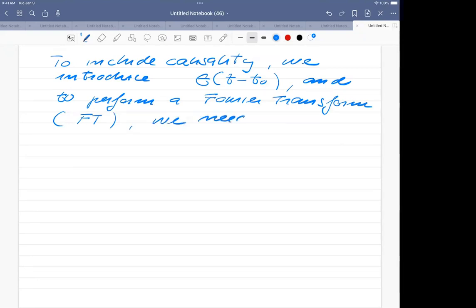We need this theta of t minus t0, which is equal to minus 1 over 2 pi i, and then I have an integral over the energies. So I'm Fourier transforming time into energies. This is the equivalent of dealing with the time dependence.